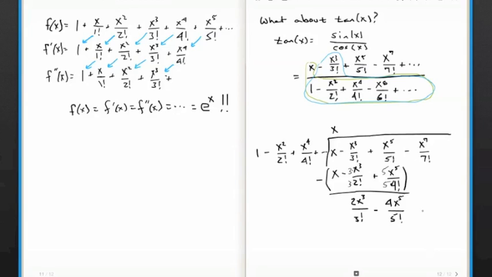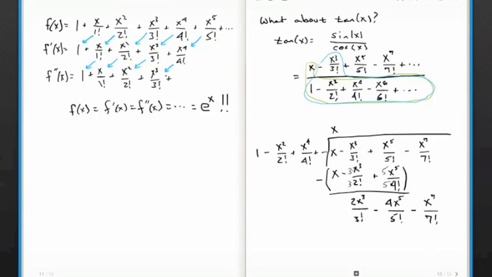And then I have to bring this down. This minus nothing gives me a minus x to the 7th over 7 factorial.